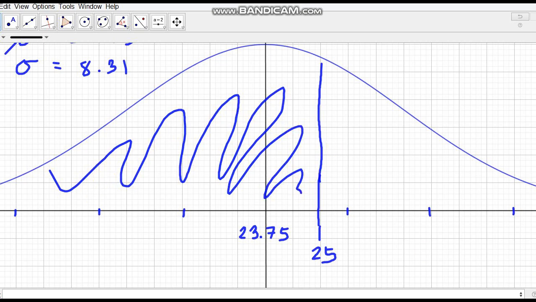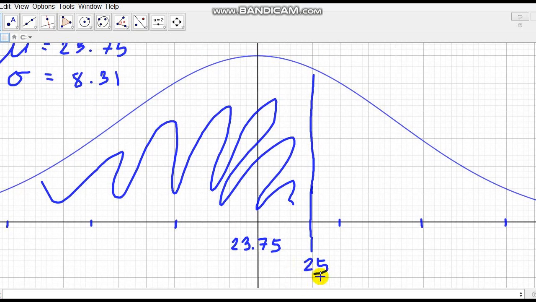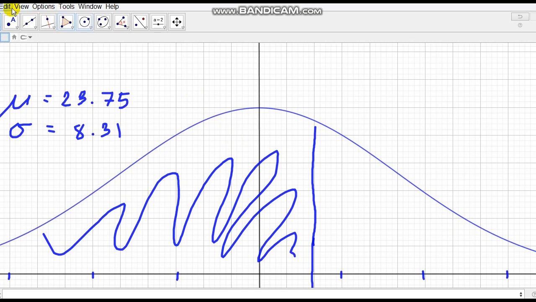So we can use the areas under the normal curve. We're going to use a table of areas. But before that, we have to know what 25 corresponds to as a z-score. So we first convert 25 to a z-score. We use the formula z is equal to the score minus the mean, divided by the standard deviation.